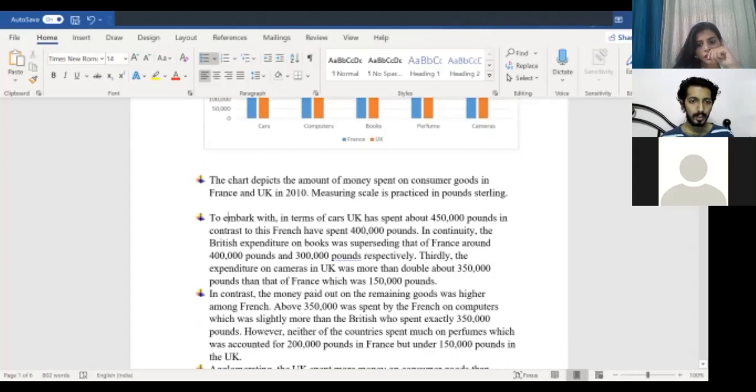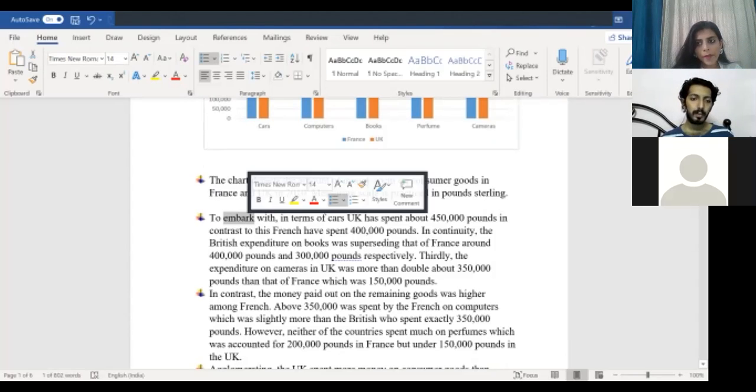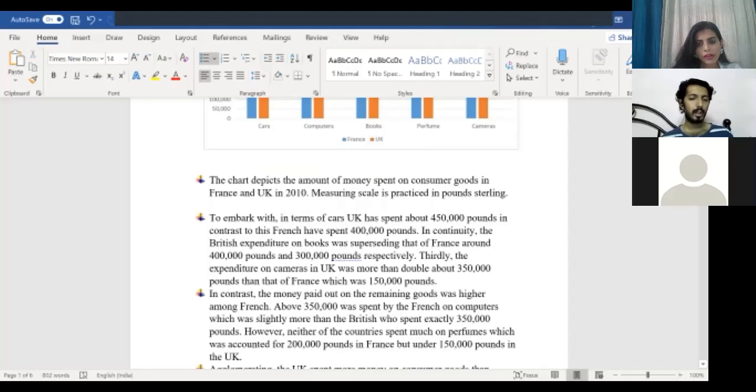Okay, everyone, this is what I personally do. If I ever write an essay, I will always begin my body paragraph with to embark, and you all should try to practice this too. Come up with your own cohesive word, like firstly, to begin with, and always do that. That makes a good impression. Okay, you're connecting your whole thing from the beginning.